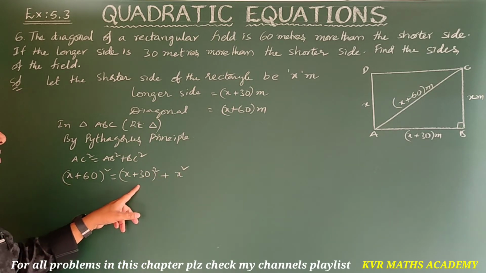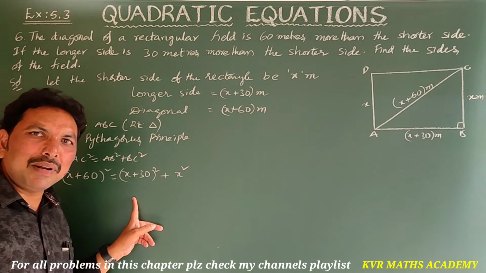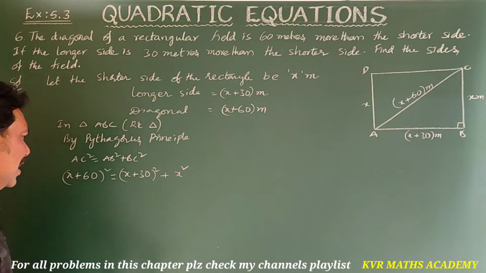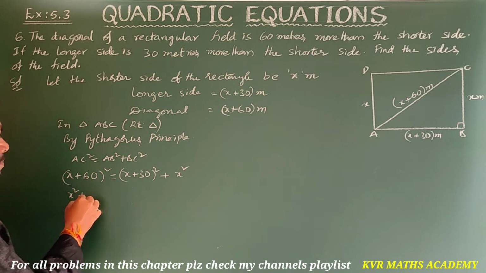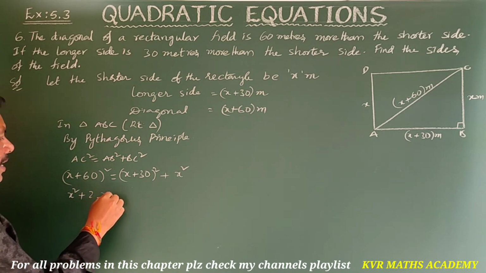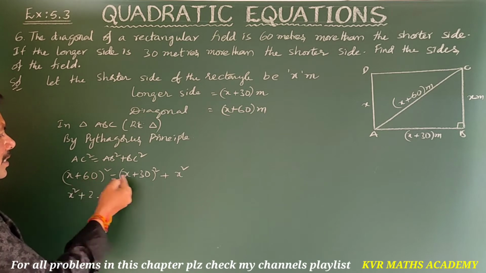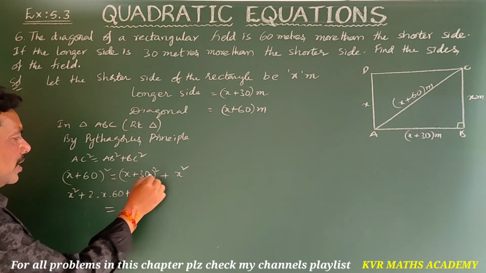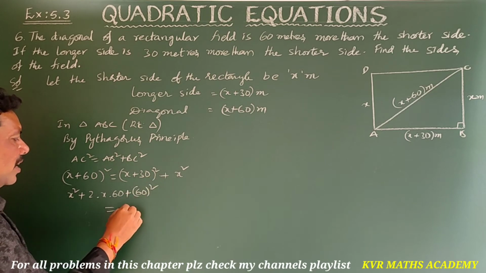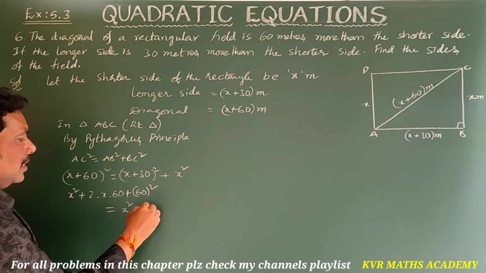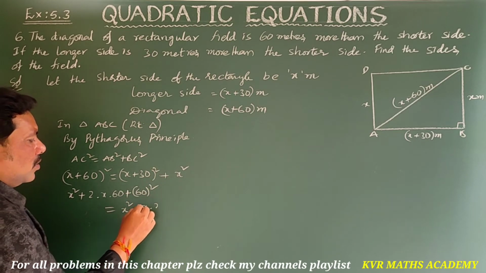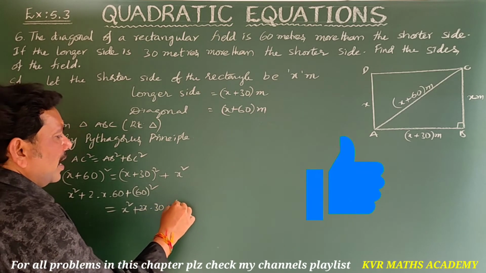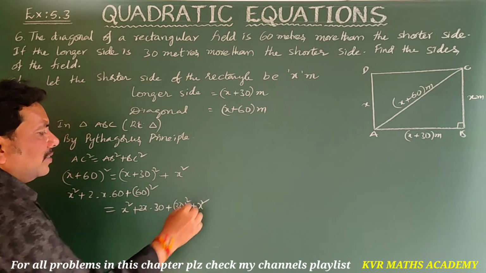Now it is in the form of a plus b whole square. A plus b whole square means a square plus b square plus 2ab, right? See, this is x square plus 2 into x into 60 plus 60 square, right? Is equal to, again in the form of a plus b whole square, x square plus 2 into x into 30 plus 30 square plus x square.